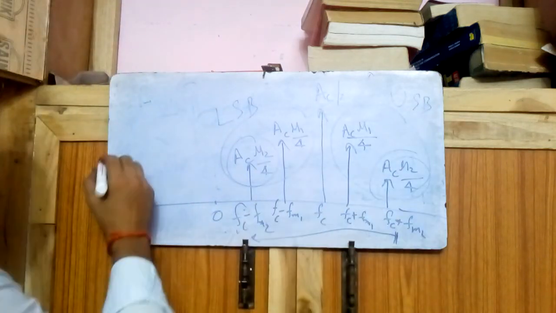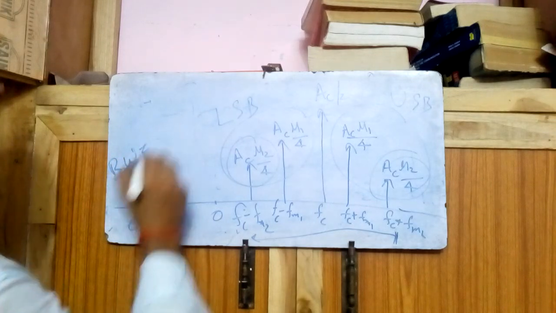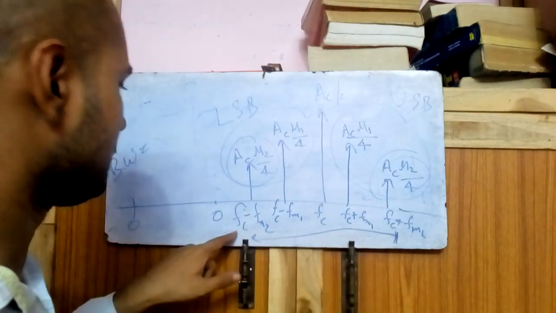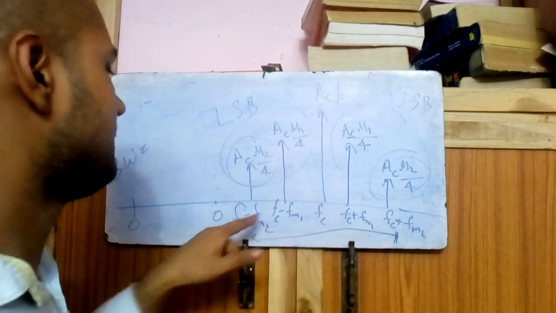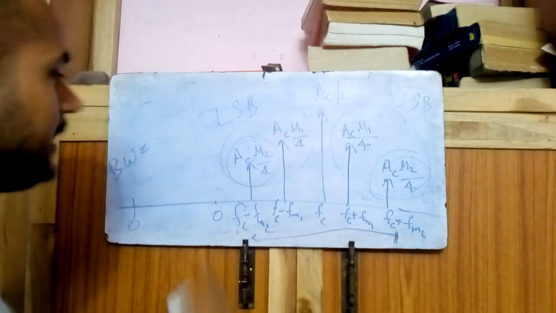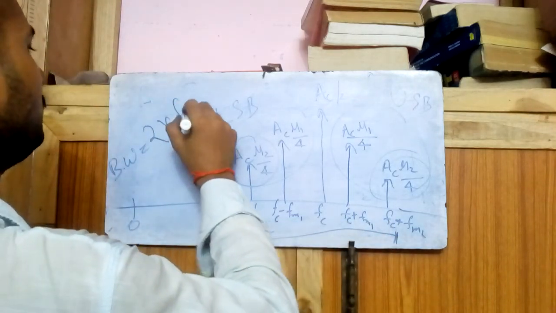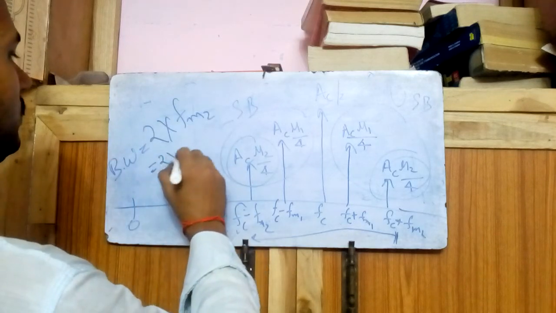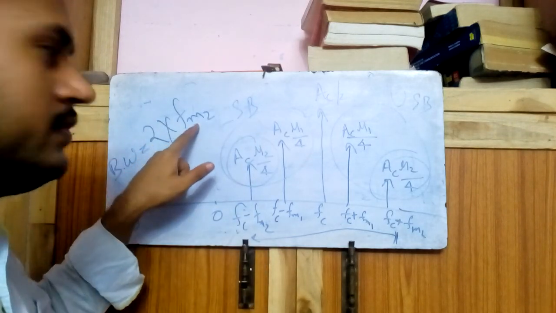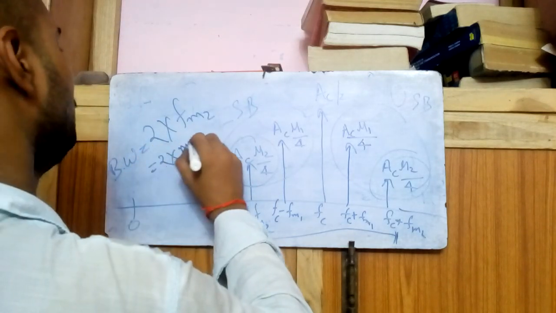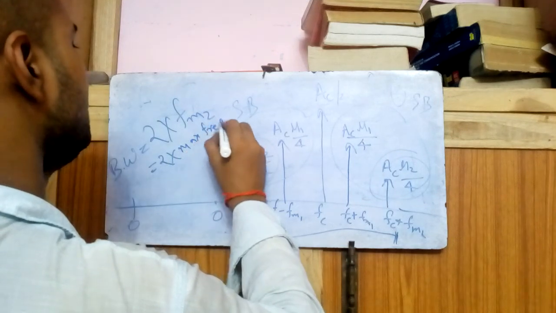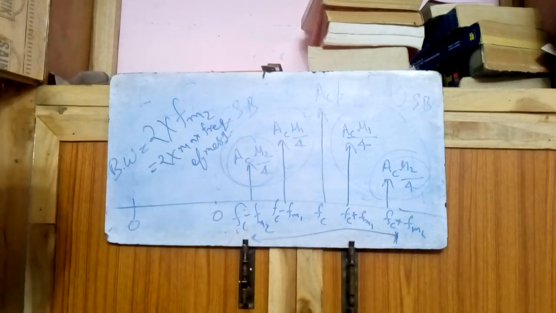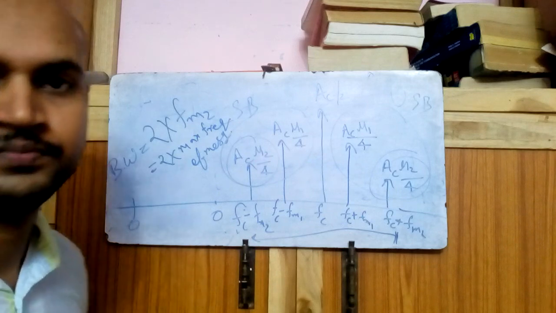So the bandwidth will be (fc + fm2) minus (fc - fm2). fc cancels, fm2 will be added, so 2 into fm2. 2 into fm2 means 2 into the maximum frequency of the message. That is the bandwidth of this signal. Thank you.